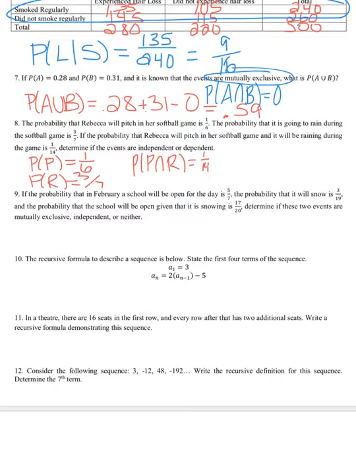So in order for two events to be independent, based on the information that I have, the probability of P and R would have to be equal to the probability of P times the probability of R. So this is 1/14. I need to see, is 1/14 equal to 1/6 times 3/7?